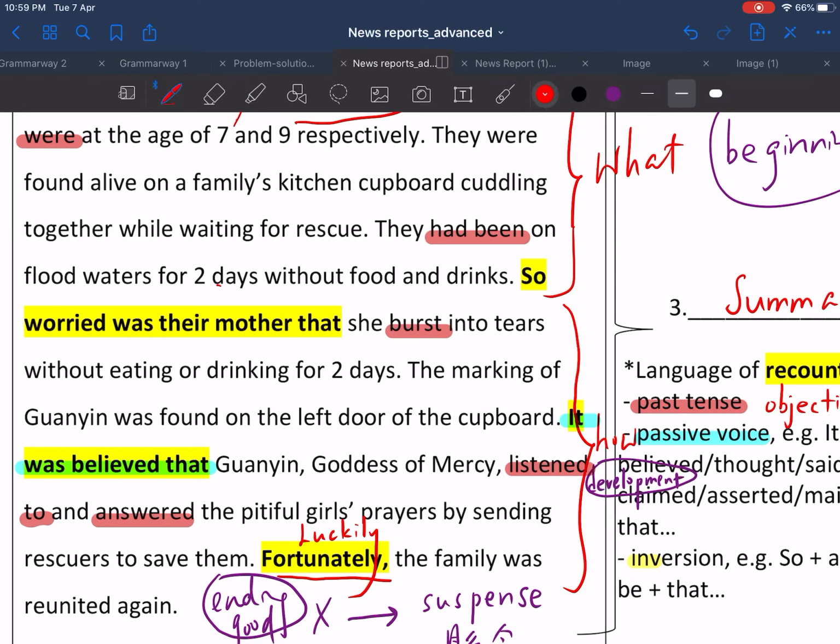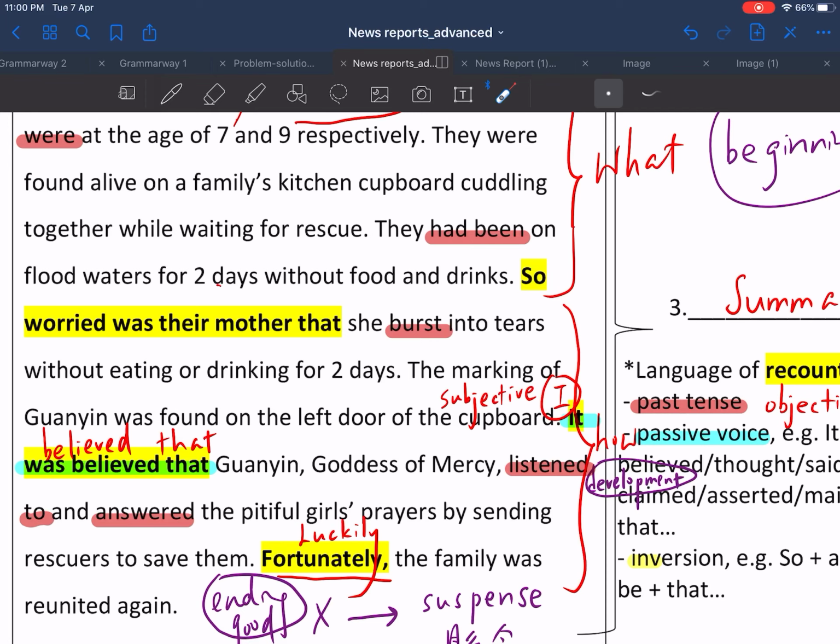Actually, the original sentence of it was believed should be I believed that. However, if we use I, the tone will sound a little bit subjective, 主觀. That's why we don't want to use I believe that. We use it was believed that to replace I believed that.